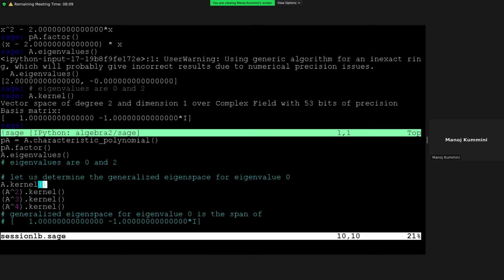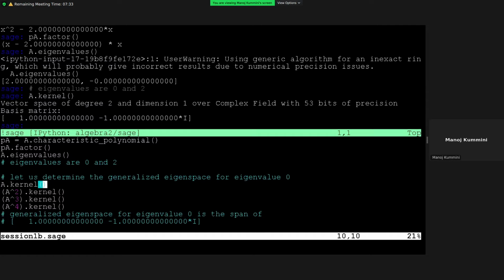I look at the kernel of A. Again, this is the left kernel, but it's okay. The way we would translate this calculation to what we did in class is that we are doing it for the transpose matrix. That doesn't affect the eigenspace or rank or nullity. So just think of this as doing the Jordan decomposition.